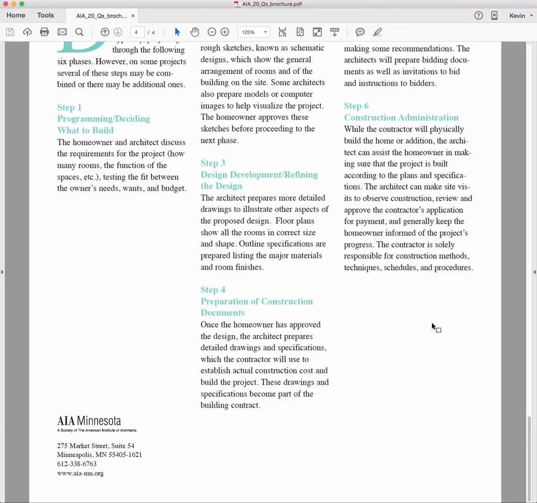They have the interest of the client at heart. They have a professional relationship with the client. They have a code of ethics. They have a code of conduct. There are sort of expectations that they'll take care of the client and look out for their interests.